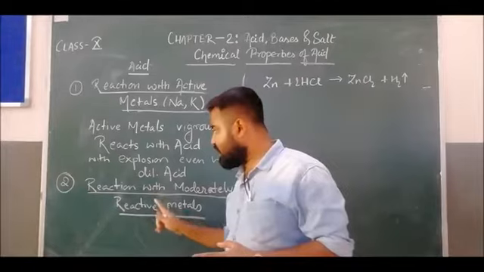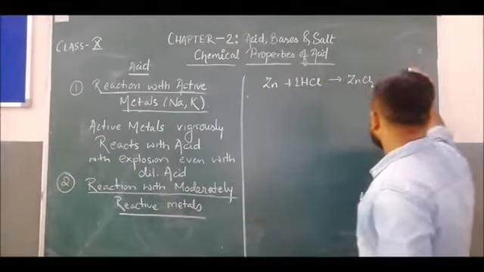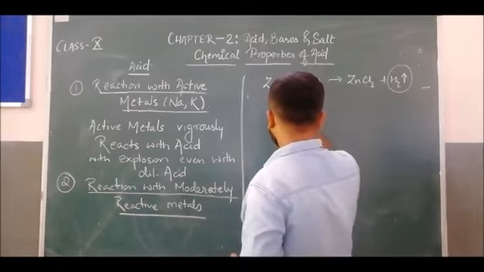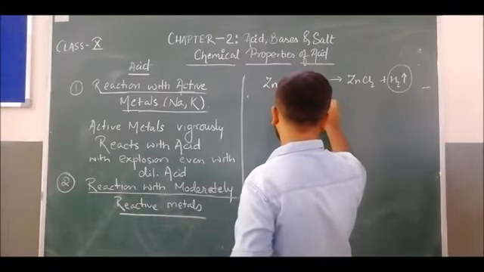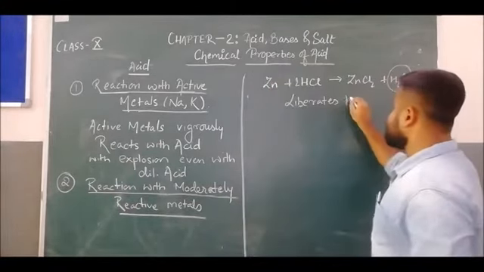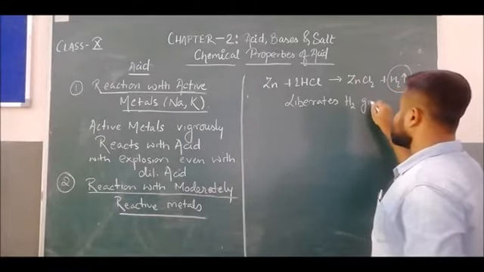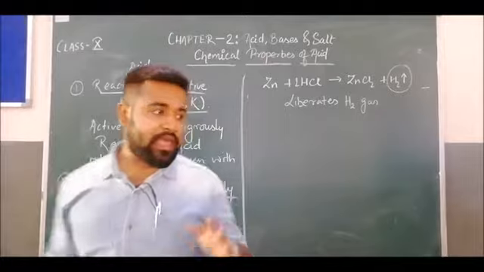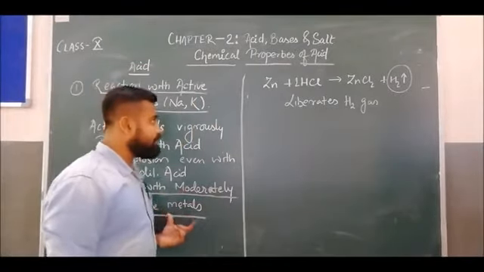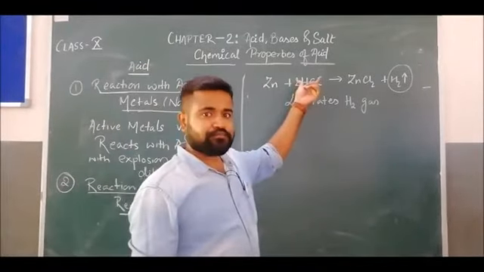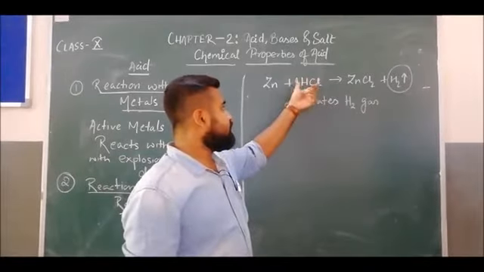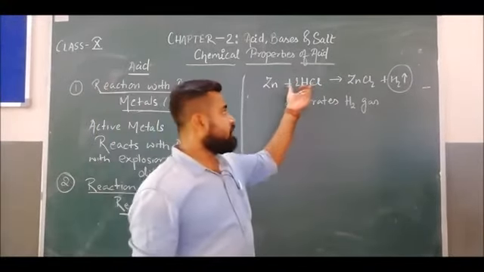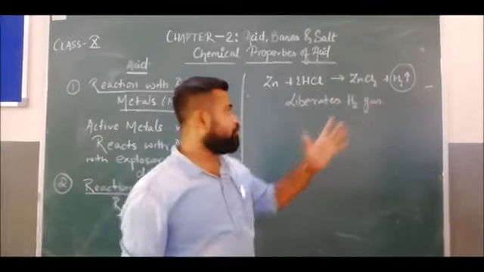So what is the characteristic? Whenever a metal reacts with an acid, it liberates hydrogen gas. This is one of the characteristics of this property, that whenever moderately reactive metals react with an acid, it gives salt plus hydrogen gas.